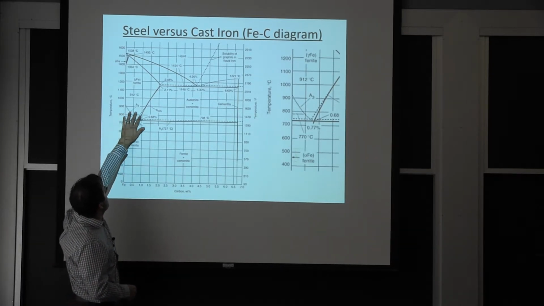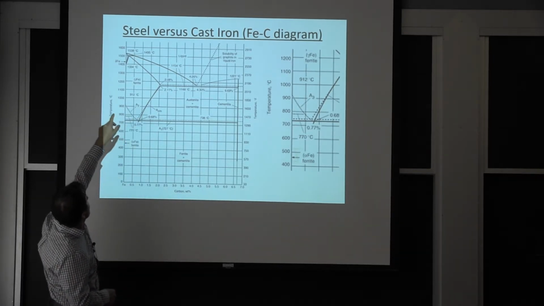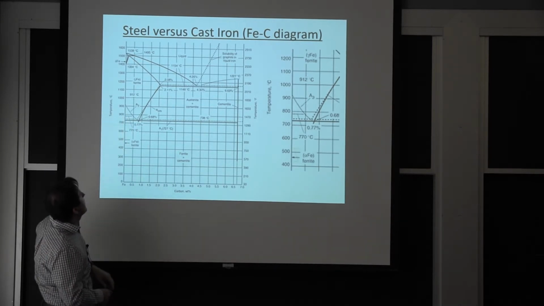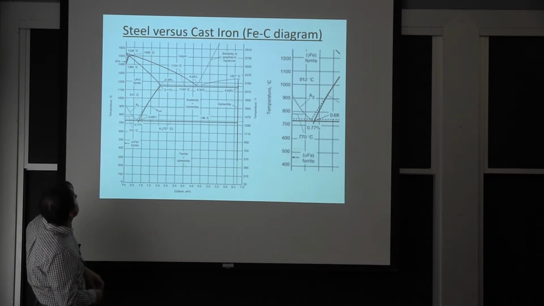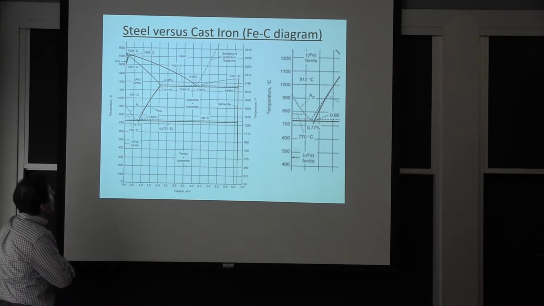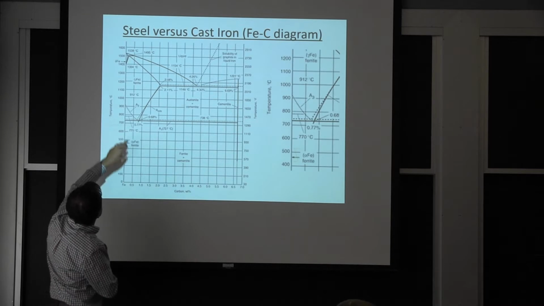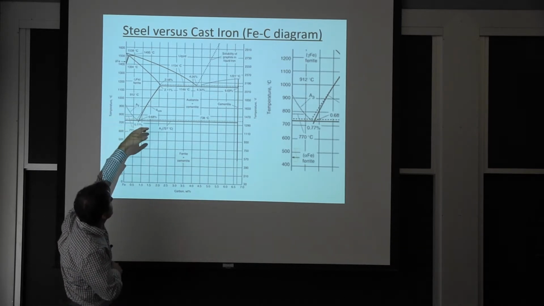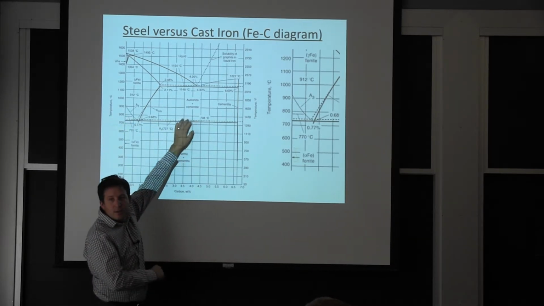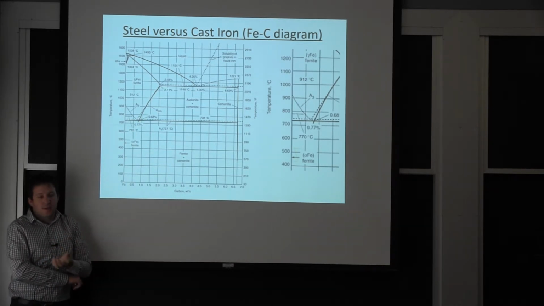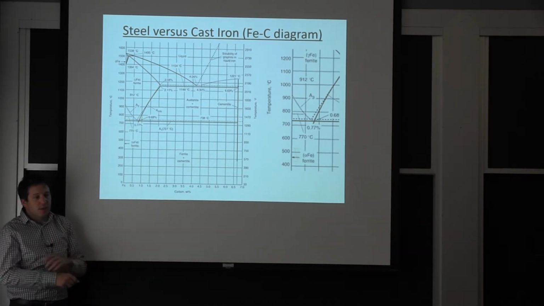So what happens here, you start solidifying. If I'm making steel, I'm starting to solidify around 1600 degrees C. Actually, 1550, but it's a very high temperature, and it doesn't solidify all at once. You see these curves going down towards that eutectic. So my microstructure has all these dendrites that we've seen when we were talking about the processing.